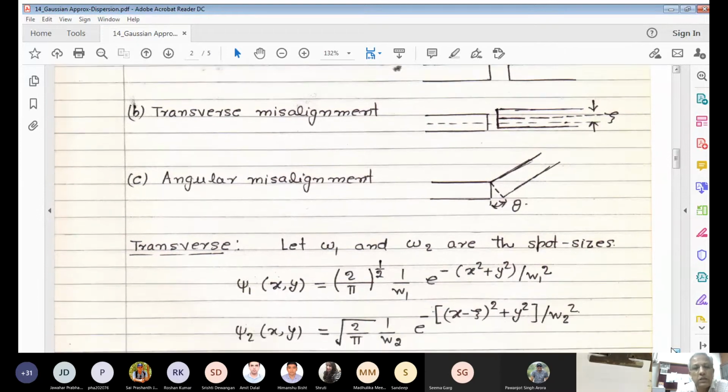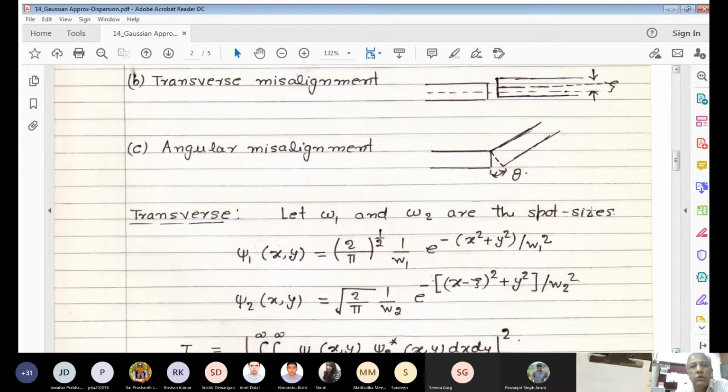So I will first discuss the transverse misalignment. Suppose the two fibers are transversely misaligned and their axes are separated by a distance xi.